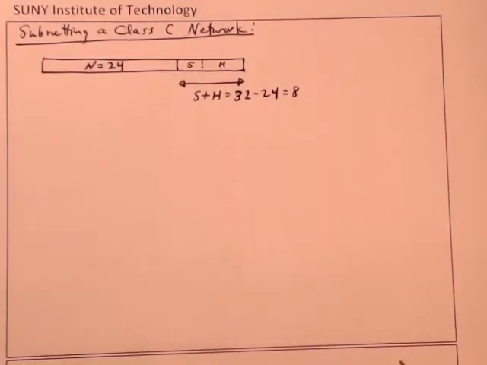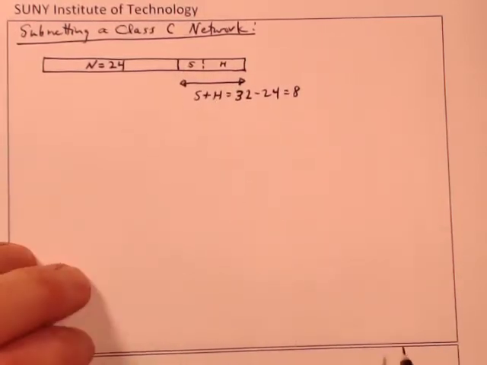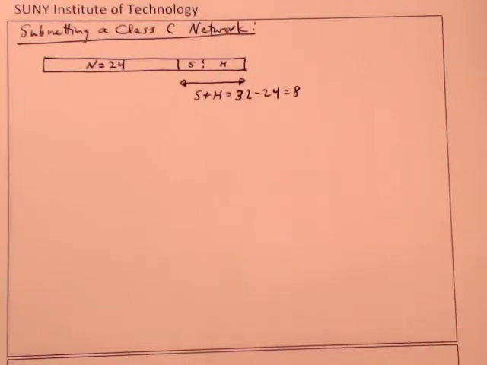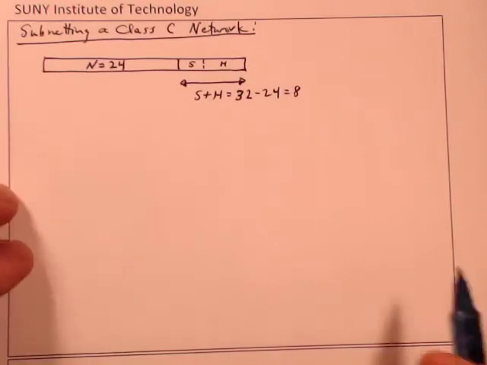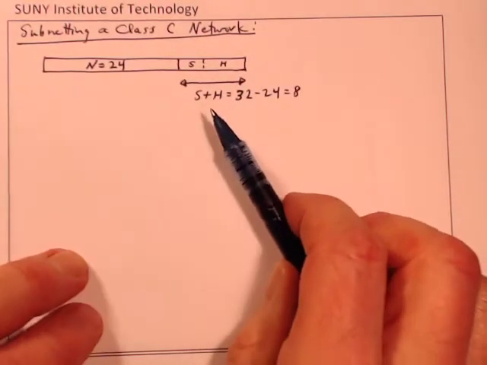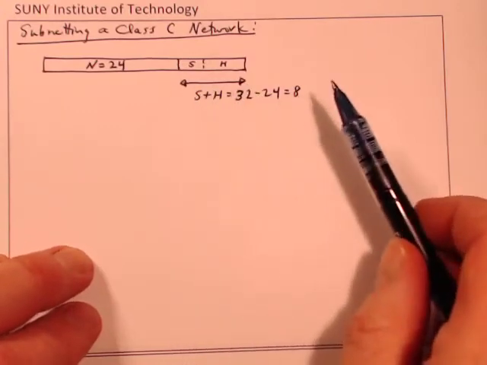Okay, and so there's a lot of ways we can do it, and you can work purely mathematically, or you can sort of imagine breaking it up in factors of 2.